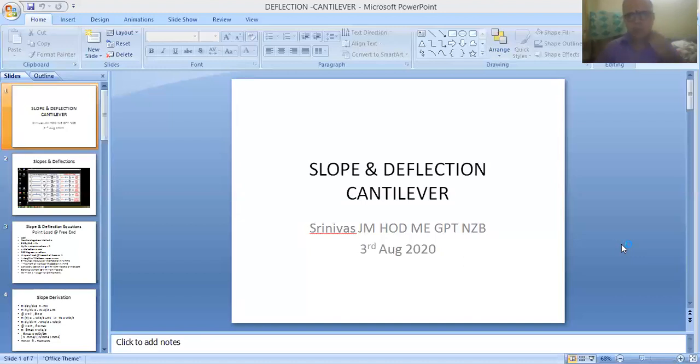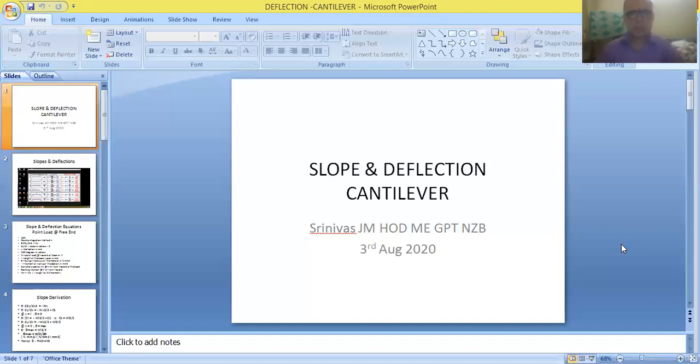These values will be different in different cases, as they depend upon the type of load acting on a cantilever.